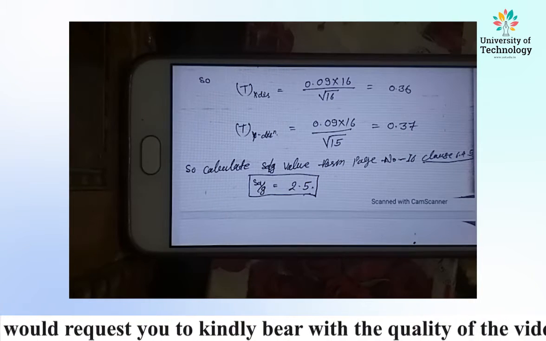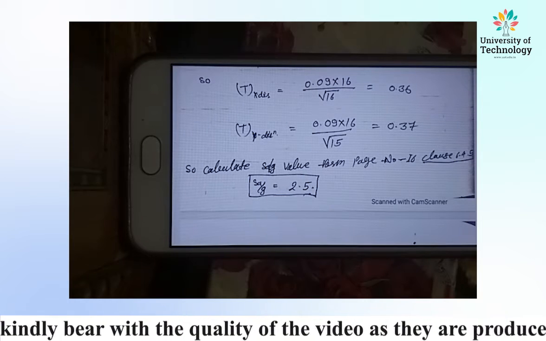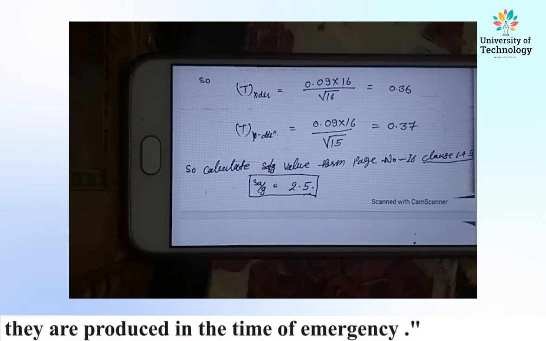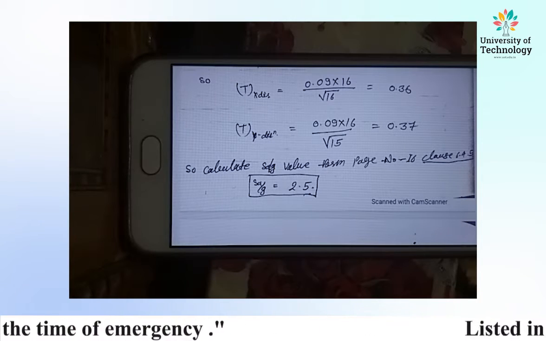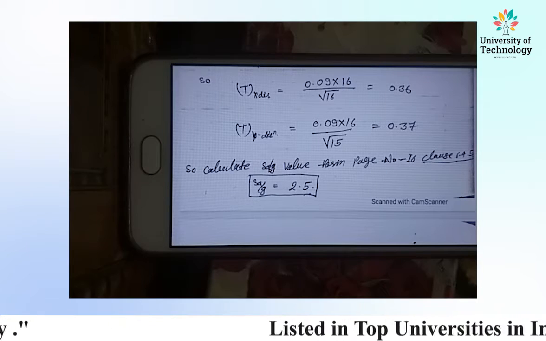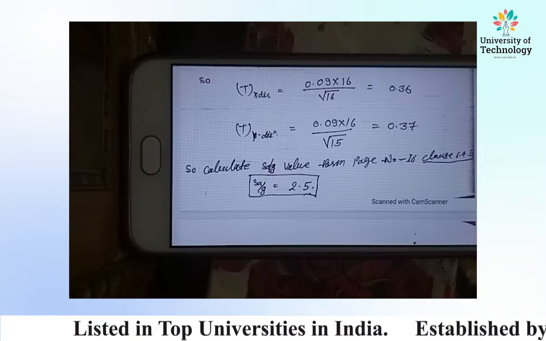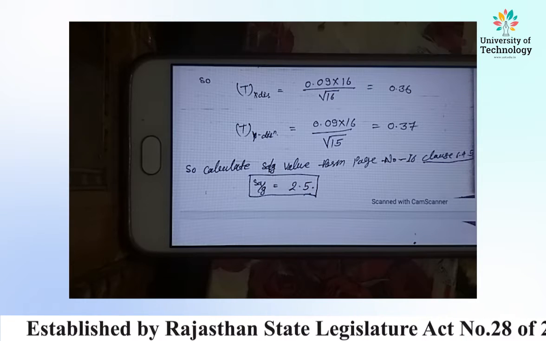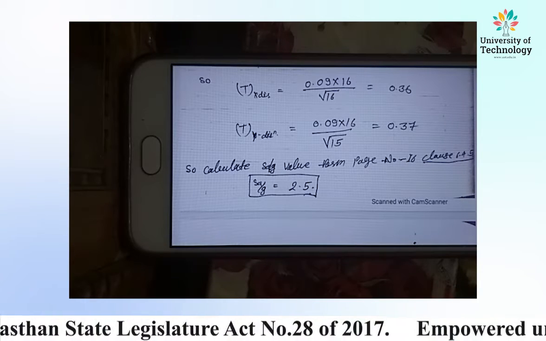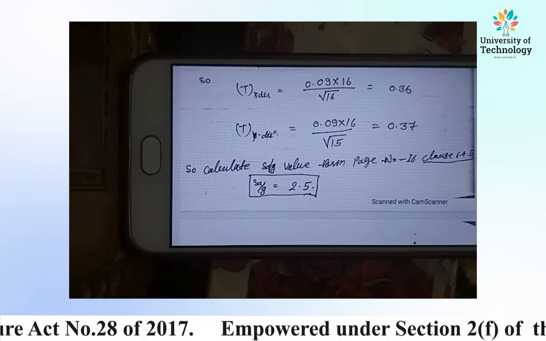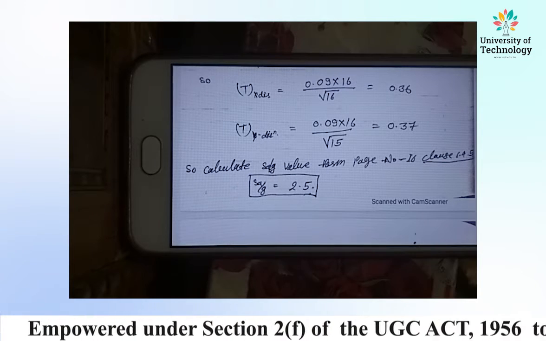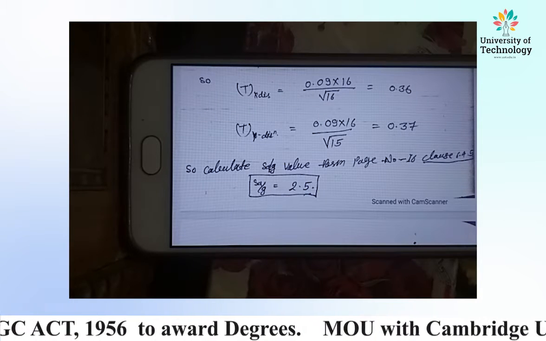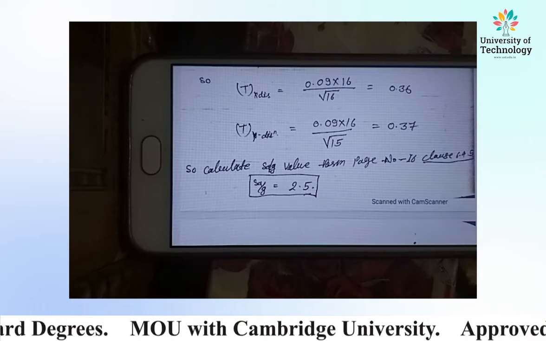T in x direction equals 0.09 into D upon root H, where the value of D in x direction is 16 and H is also 16, so T in x direction is 0.36. And T in y direction is 0.09 into 16 upon root 15, since the value of D in y direction is 15.